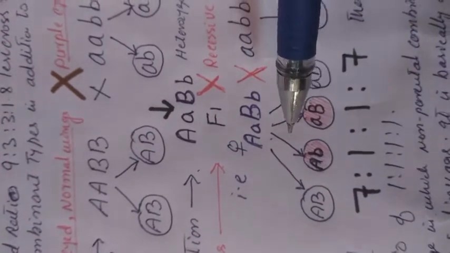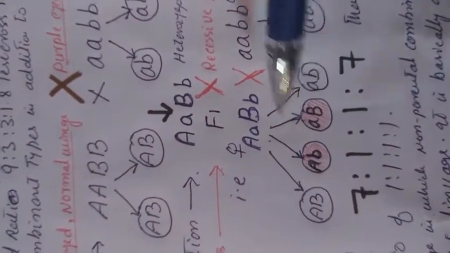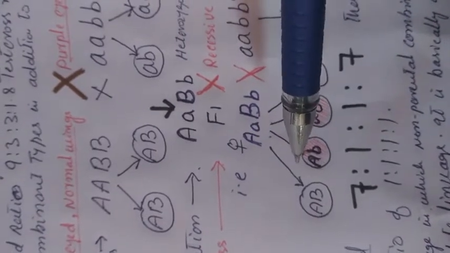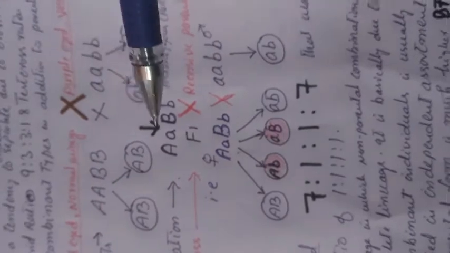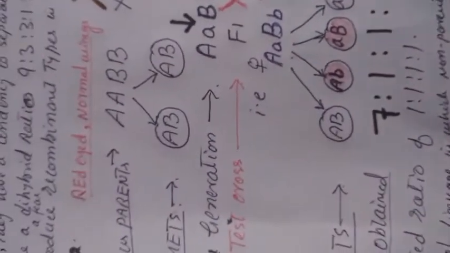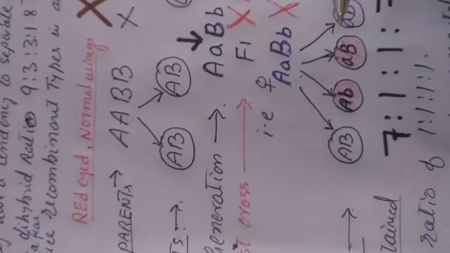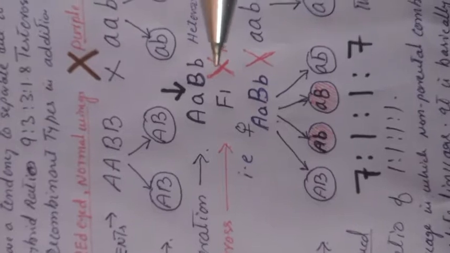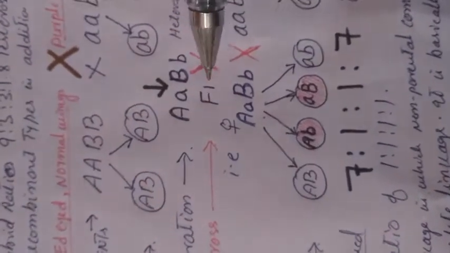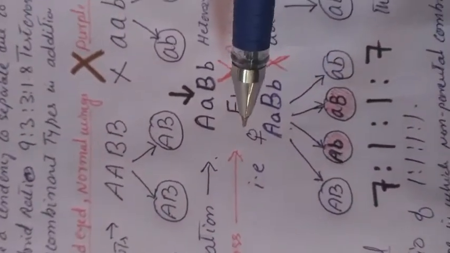This shows that the two genes did not segregate independently of each other. This type of linkage, in which non-parental combinations are also formed, is called incomplete linkage. It is basically due to crossing over.